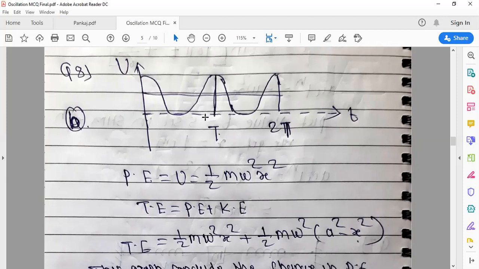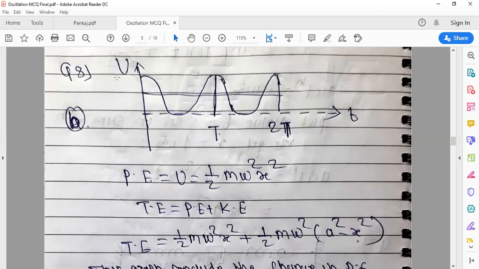So this capital T is not the period, because the time required to complete the full sine wave is the capital T. So the first option is not correct. Second one, the potential energy U of the particle varies with the time t.